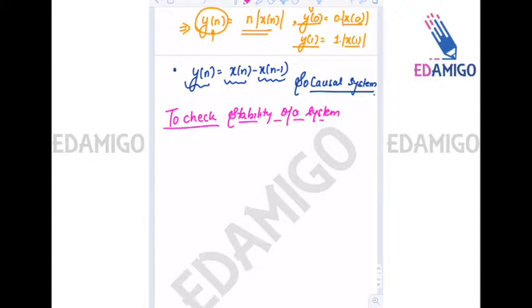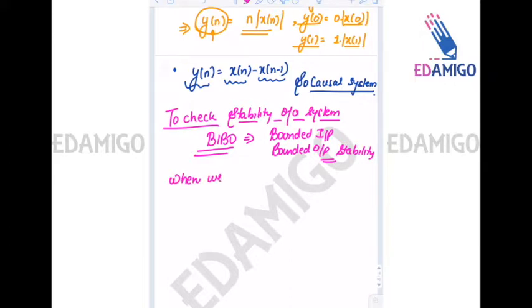Generally we check the BIBO stability of a system. What does BIBO mean? It means bounded input, bounded output stability. So what is the meaning of this? When we give a bounded input to a system, what is the meaning of bounded input?